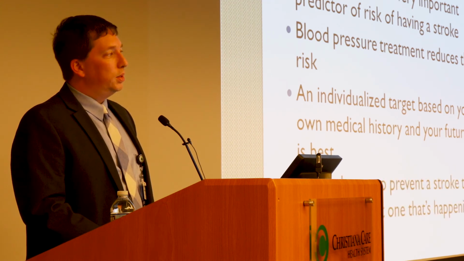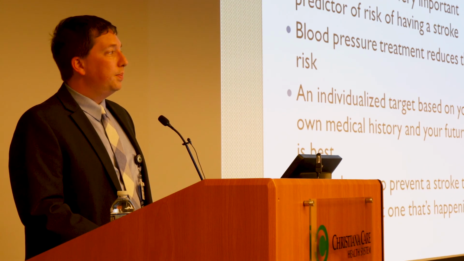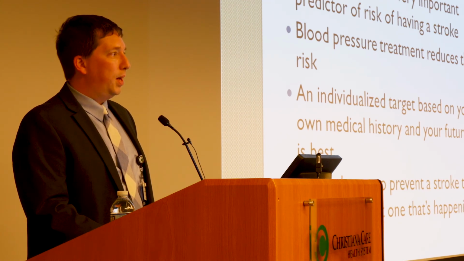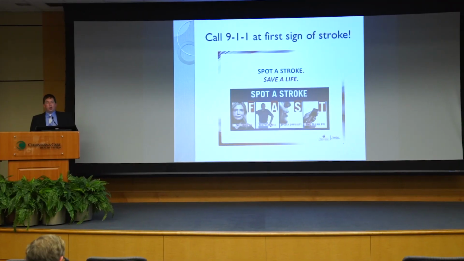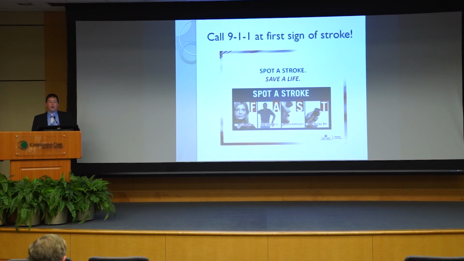And we always want to be preventing a stroke rather than attempting to treat one that's in the process of happening. I encourage you to call 911 at the first sign of stroke, and just remember the American Stroke Association's FAST campaign, face, arm, and speech, and don't delay, because we have treatments. They're much more effective within the first few minutes or hours after a stroke starting.